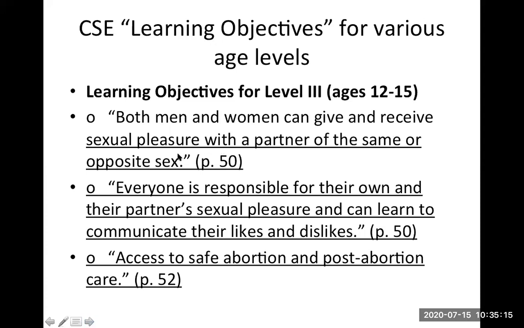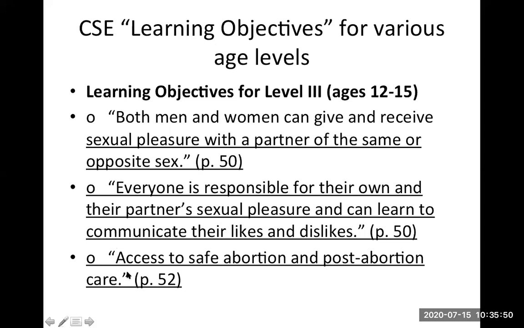Everyone is responsible for their own and their partner's sexual pleasure and can learn to communicate their likes and dislikes. Now, these are things I talk to people preparing to get married about. And this curriculum would like that kind of talk to be given to 12 and 15-year-olds.